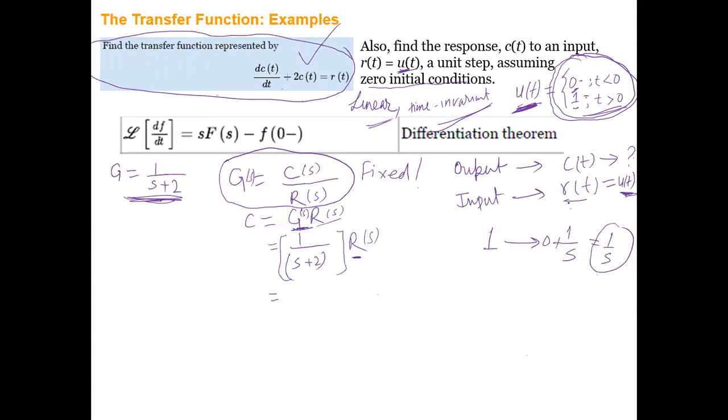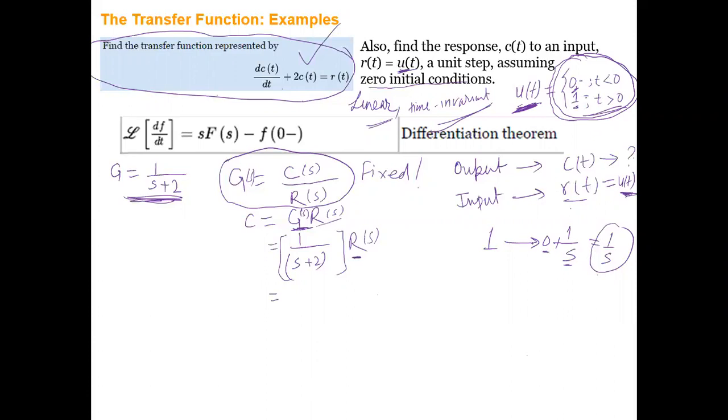How do you find big R from little r? The Laplace transform of 0 is basically 0, right? So that's why the Laplace transform of 0 is 0. Then the Laplace transform of 1 is 1 over s.